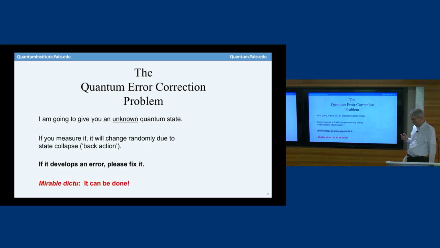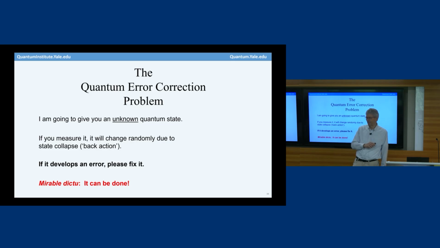You just have to be very, very subtle in what you measure and how you encode the information in a clever way so that you can learn what error happened, but not learn what quantum state the logical qubit was in, because then you would collapse it. Once you learn what error happened, let's say, oh, there was a bit flip on qubit 7, then I just apply another bit flip and it's fixed.